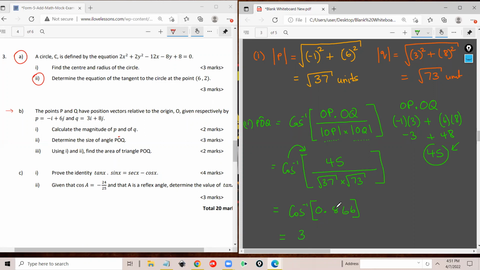Some of you all might use the entire decimal, but based on what I have on the screen here, I am getting 30.00, which is basically 30 degrees. So if you are getting a little more than 30, don't change your answer.